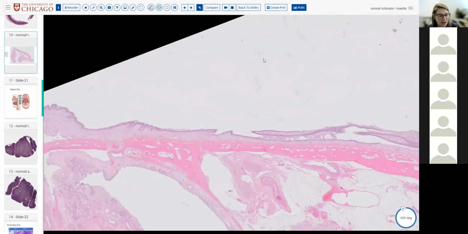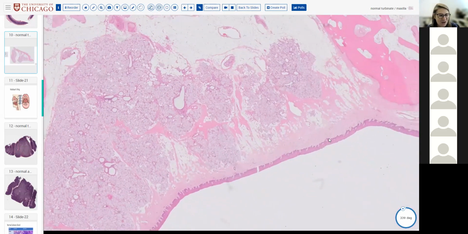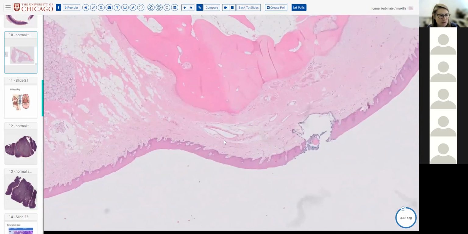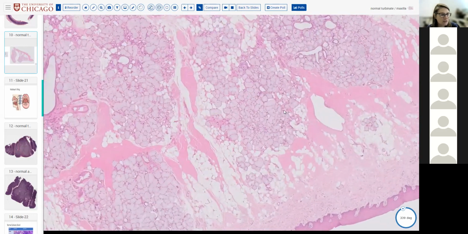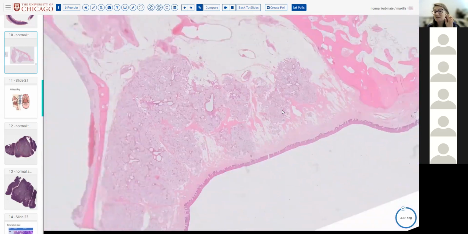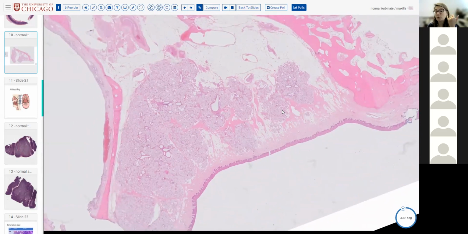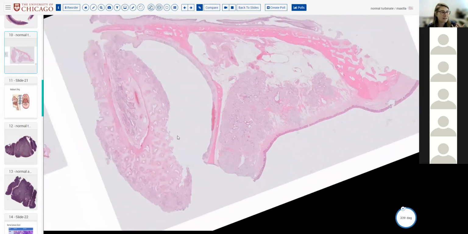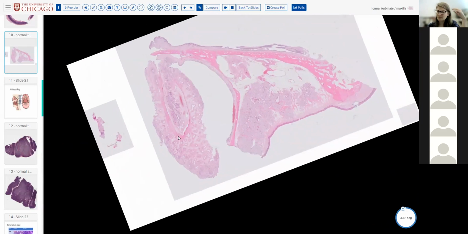I'm sorry, guys, the palate. So this is palatal mucosa, which is squamous, and generally very rich in mucinous glands. So this is a nice section through palate, through maxillary sinus mucosa, and through turbinate. You're not always going to see these nice and intact. You're going to see fragments of them in sinus surgeries and tumor surgeries. But this is what these things look like. Comments, questions?